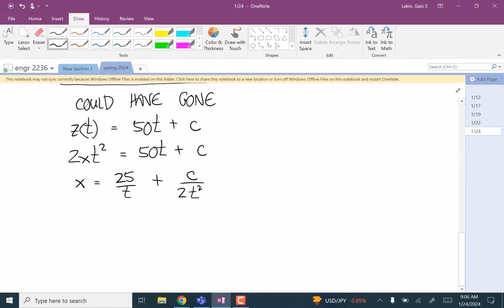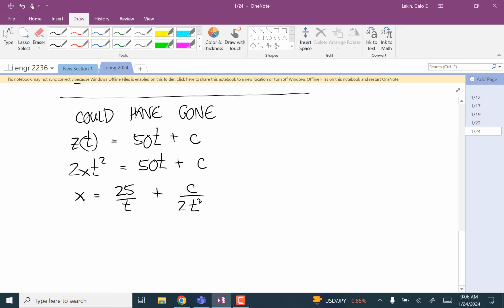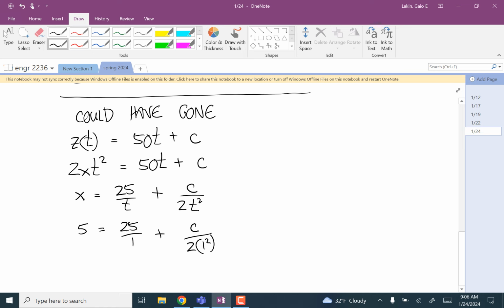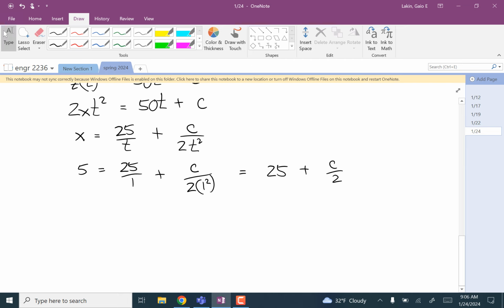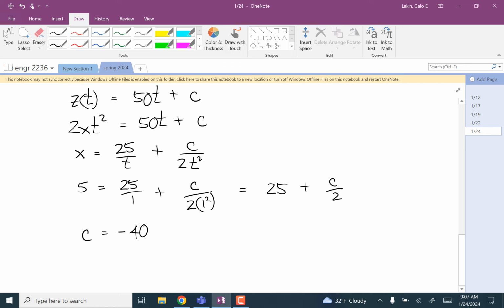And now you can use the boundary condition that says 5 is equal to 25 over 1 plus c over 2 times 1 squared. So 5 is equal to 25 plus c over 2. So c is equal to negative 40. Same thing we got before.